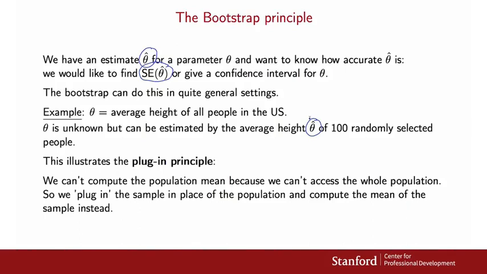This simple step already illustrates the plug-in principle. We can't compute the population mean because there are over 300 million people and we cannot possibly measure all of their heights. So what we do is we plug in a sample of size 100 in place of the population, and we simply compute the mean of the sample instead of the mean of the whole population.